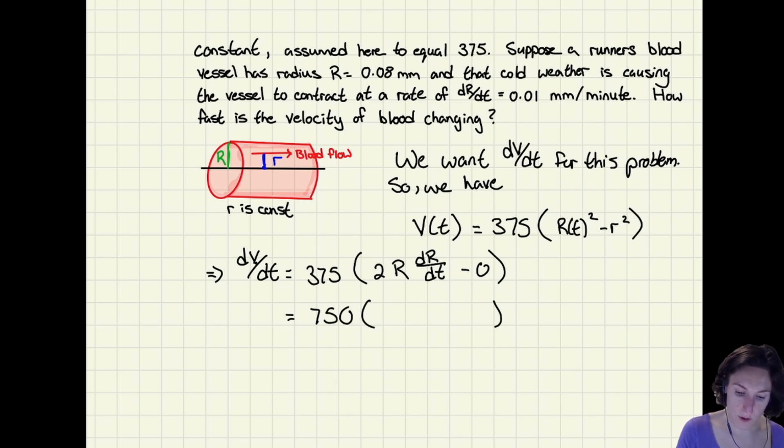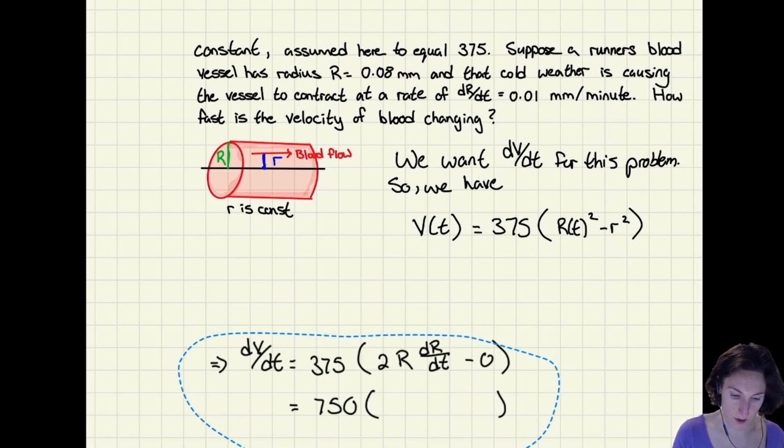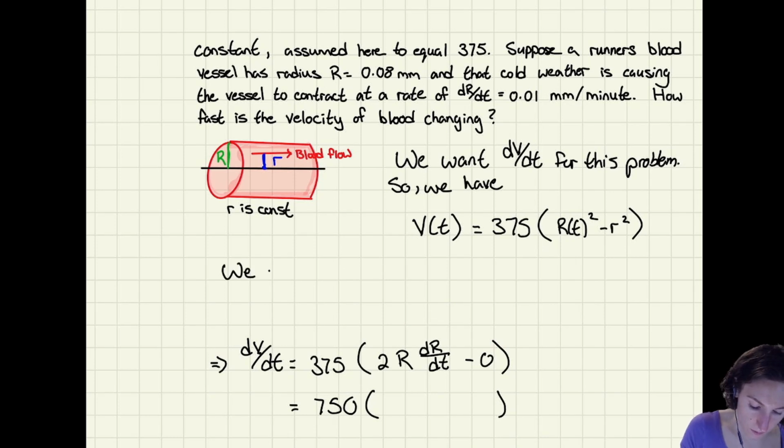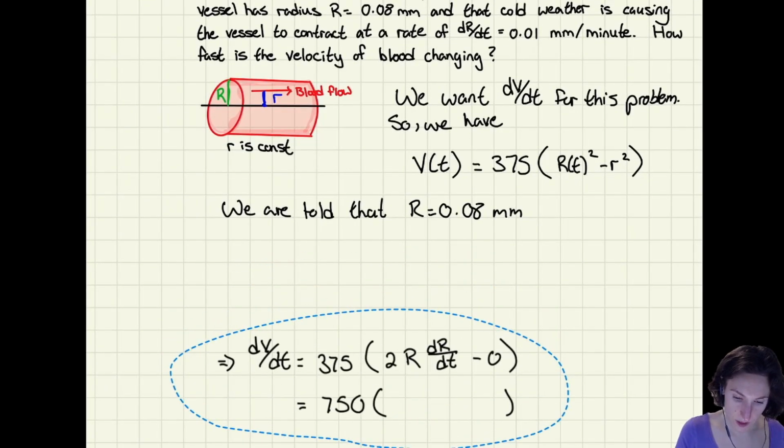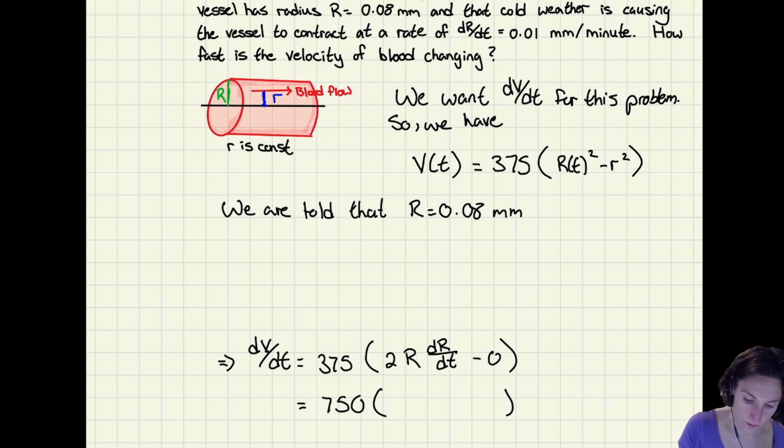And what do I know? Do I know capital R? Yes. Suppose the blood vessel has a radius of this. So before I do that, let me put a little remark here. We are told that R is equal to 0.08 millimeters, and I'm also told that dR/dt is equal to 0.01 millimeters per minute.